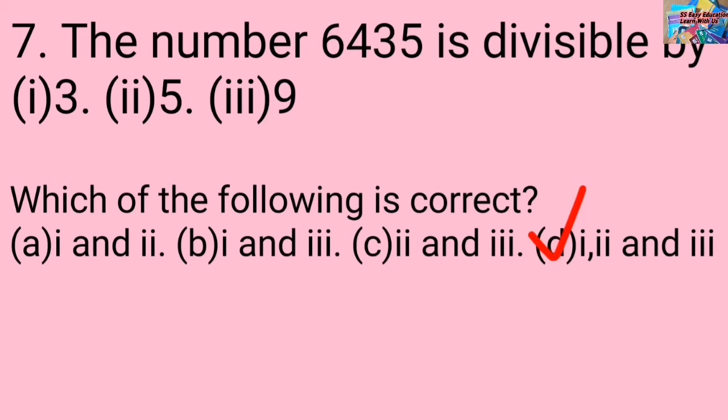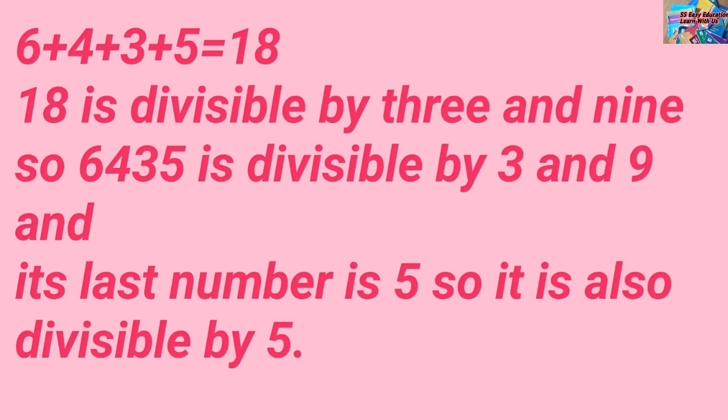Now let's move on to number 7. It is written that the number 6435 is divisible by number 1, 3, number 2, 5, number 3, 9. Which of the following is correct? The answer is 1, 2 and 3. But to make you sure, I will do the rough. So this is the rough. We know how to find out divisibility by 3 and 9.